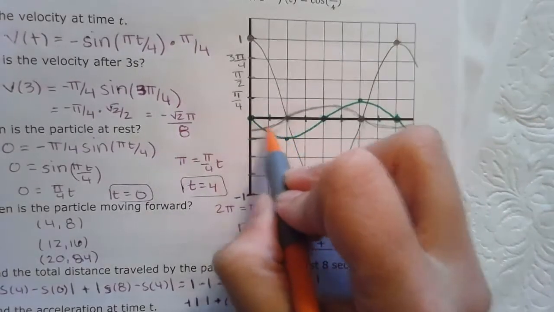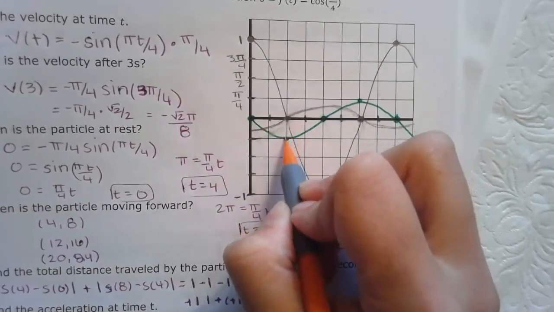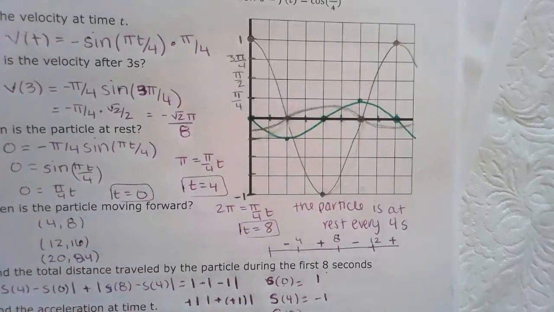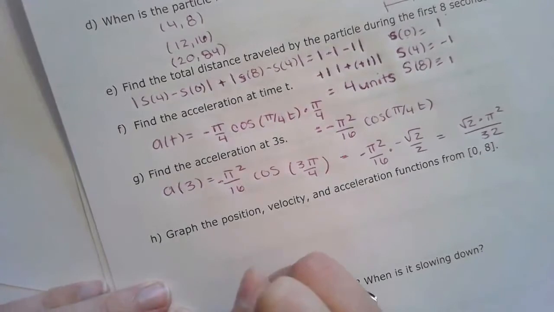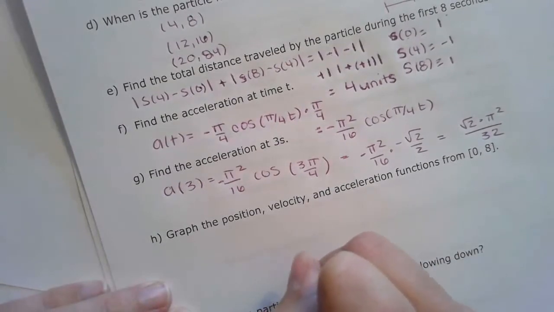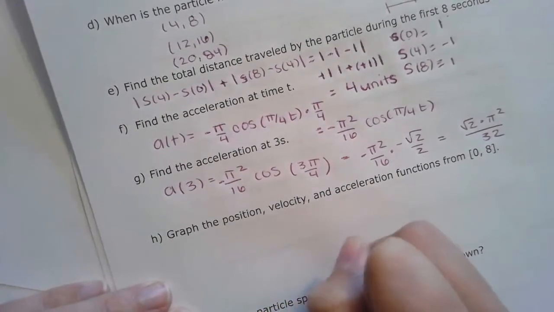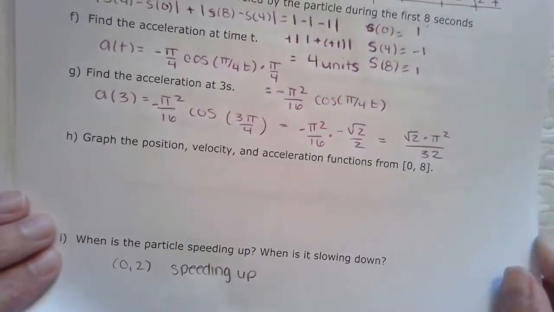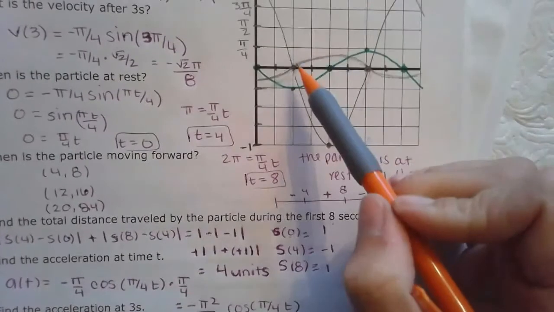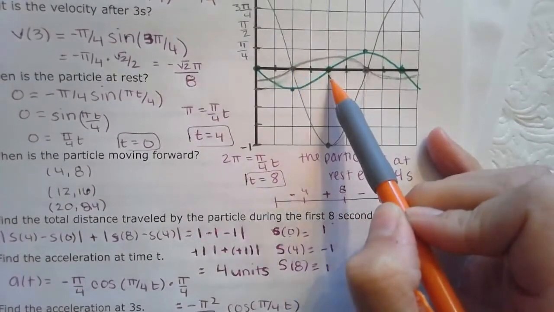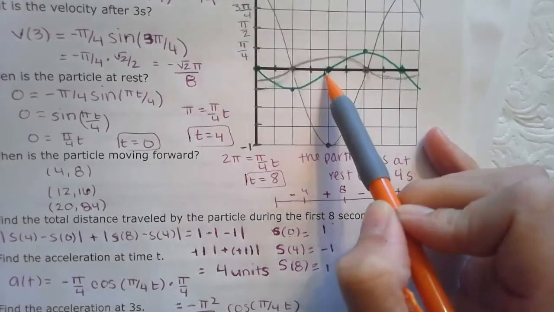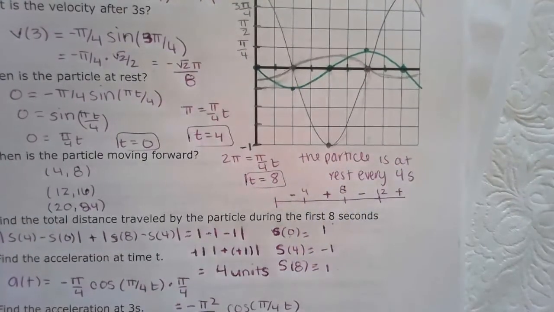So acceleration and velocity are both negative till 2. So that means if they're both negative from 0 to 2, it is speeding up. And then at 2, acceleration is positive, but velocity is negative. So from 2 to 4, it's slowing down.